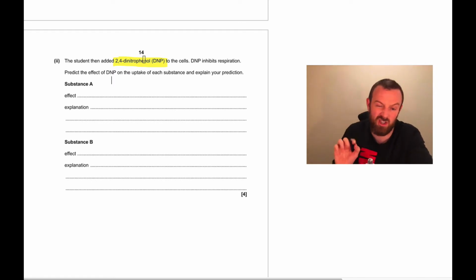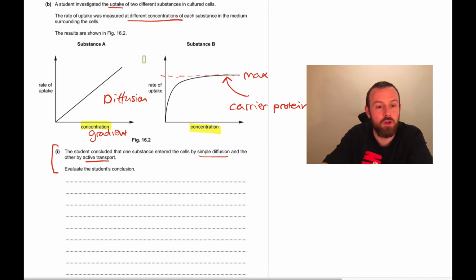It stops respiration, okay? DNP, no respiration. So what does that mean? Well, let's just scroll up again. Right, no respiration, diffusion, doesn't care. Diffusion is a passive process, it doesn't need ATP, so diffusion, unaffected. This one, substance B, if there's no respiration, then active transport can't happen. So therefore, you would expect the rate of uptake to get much lower.